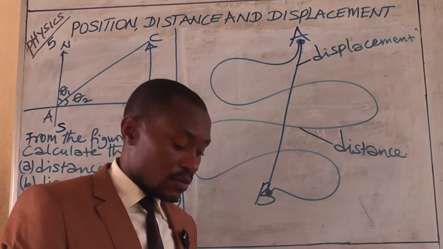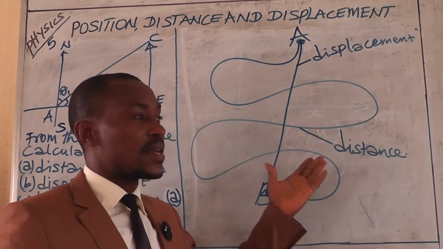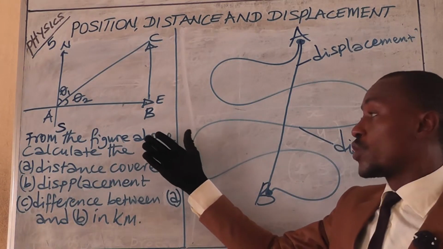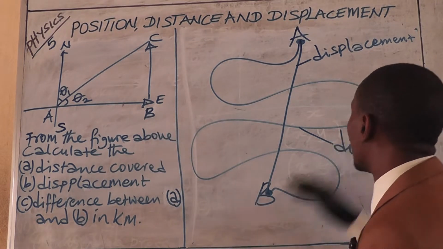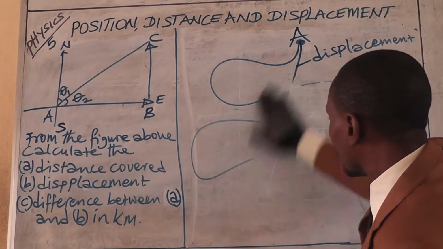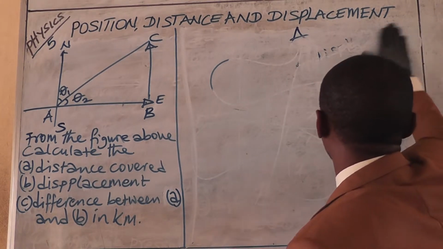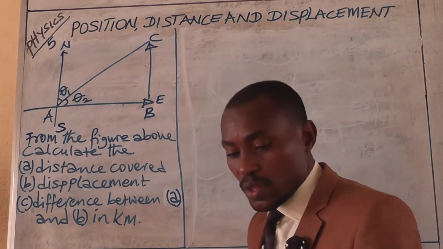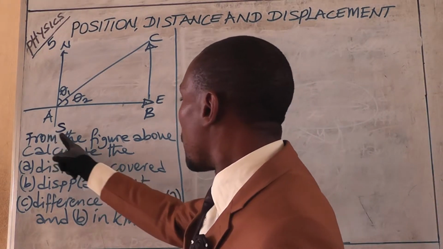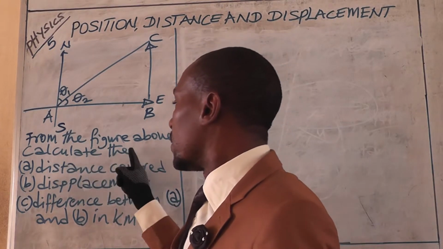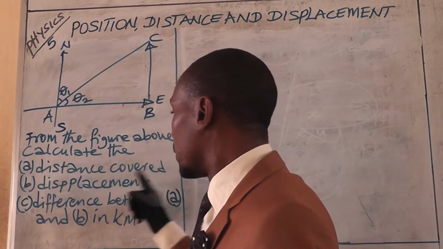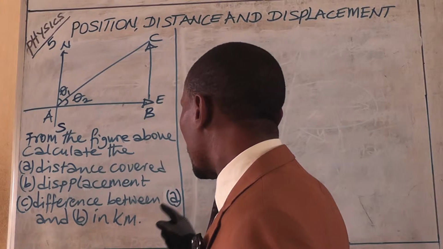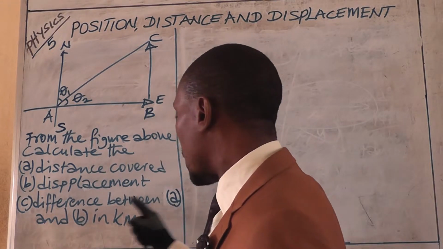That is it. In order to throw more light on displacement and distance, let's solve this question we have on the board. The question reads, from the figure above, calculate A, the distance covered, B, the displacement, C, the difference between A and B. Our A is distance, B is displacement.